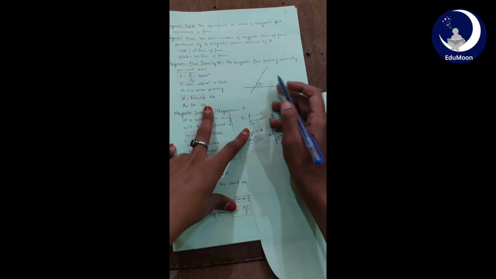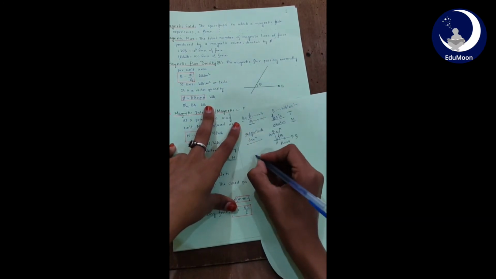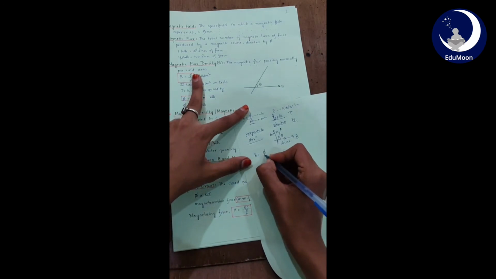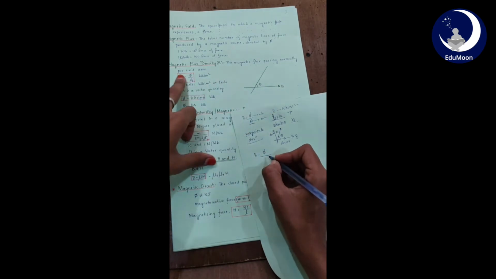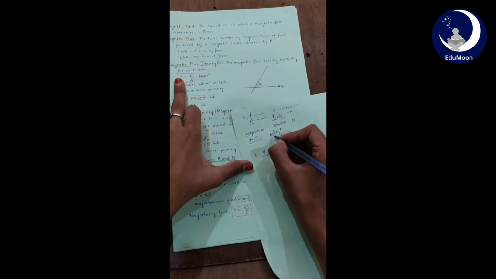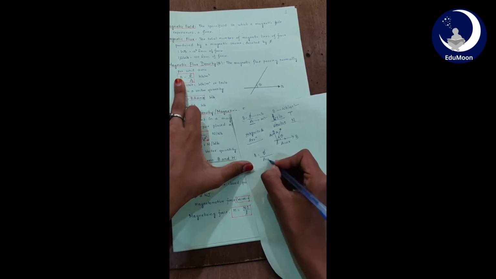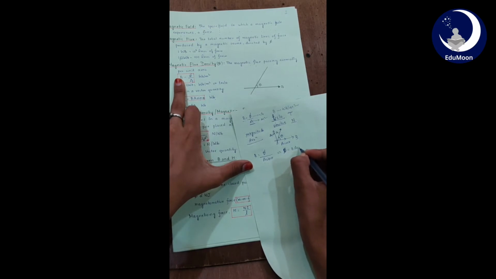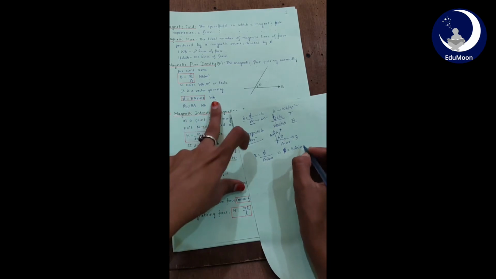So according to the definition, the magnetic flux density is the magnetic flux passing normally per unit area. The normal direction is A sin theta. Now B equals phi by A sin theta, then phi equals B into A sin theta, and its units are Weber.